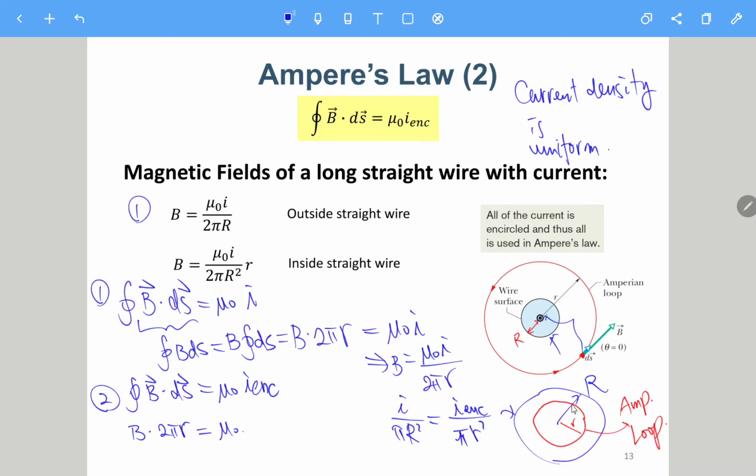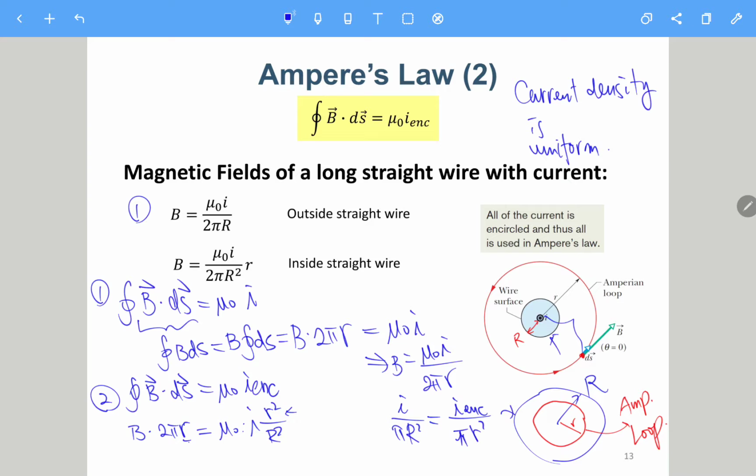The current density for the inside part is I enclosed over pi small r squared. Since we assume the current density is uniform, these two should be the same. So I enclosed should be I times small r squared over capital R squared. The pi and pi cancel each other, and here the r and r squared can be partly cancelled.